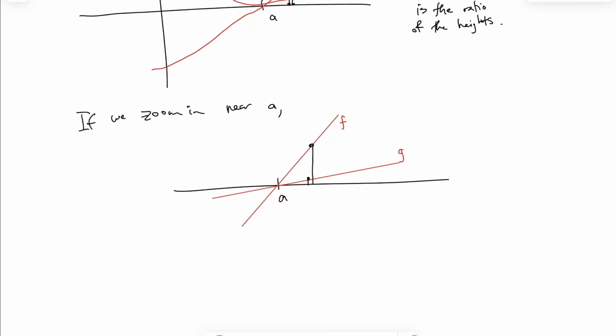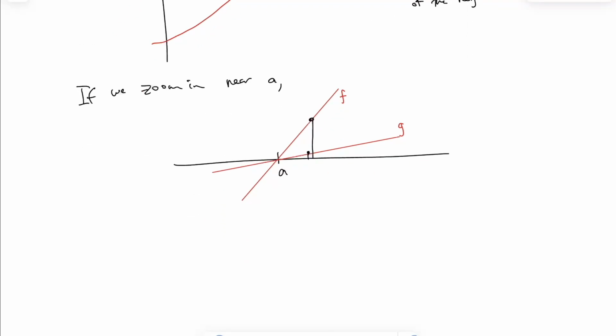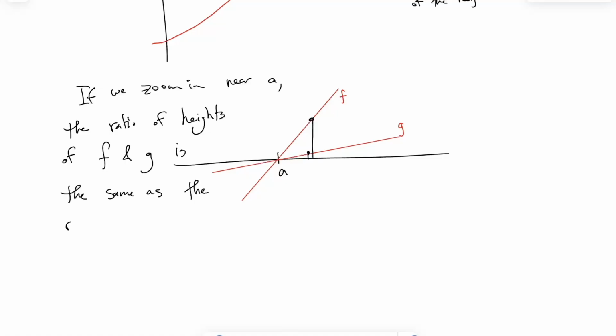So when we zoom in near A, if I had to say this in words, the ratio of heights of F and G is the same as the ratio of these slopes.